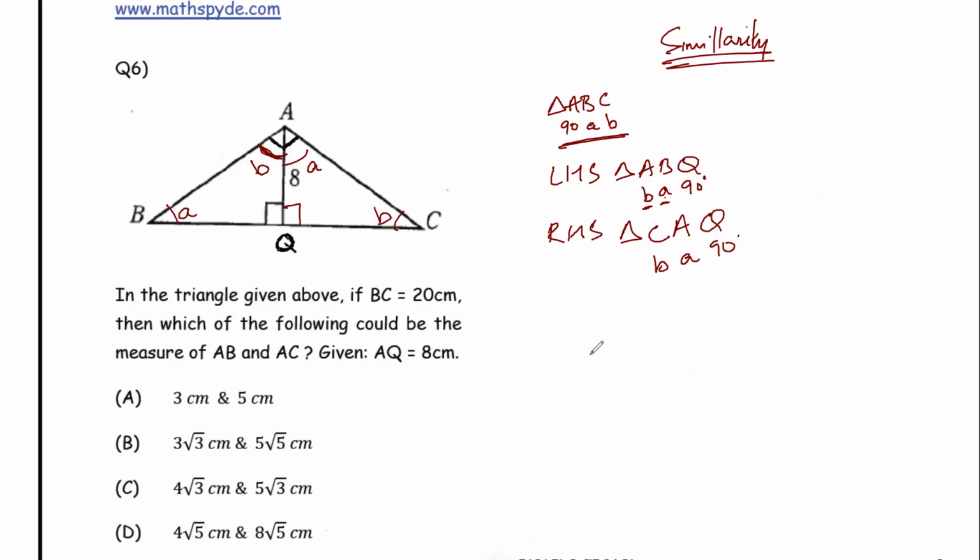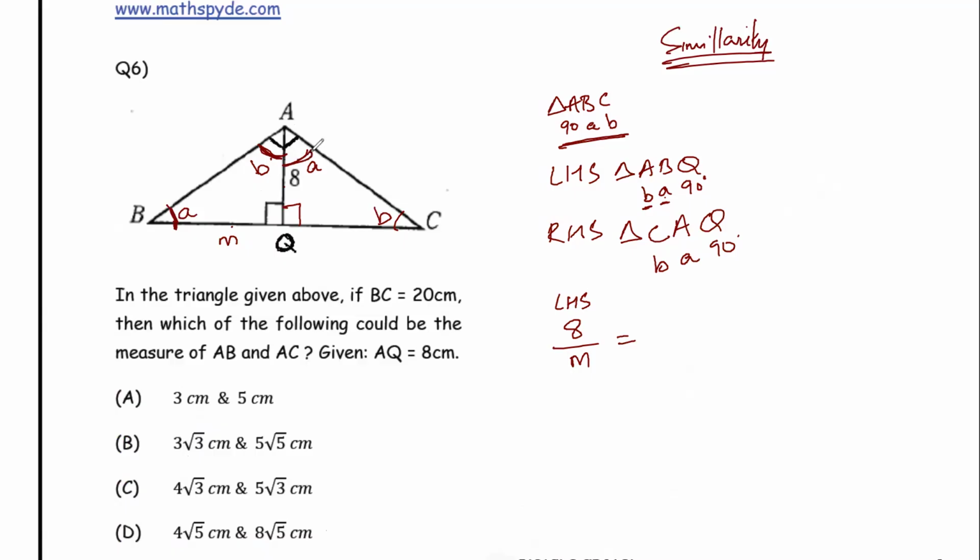So how do we work the similarity part? We take the corresponding sides. If we work with the left hand side and right hand side triangles, then the ratio of the corresponding sides: opposite angle A out here is 8 in the left hand side triangle, and opposite angle B is, let's call it M, and that should be equal to the same thing on the right hand side triangle.